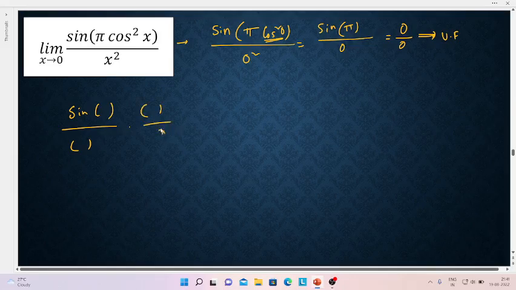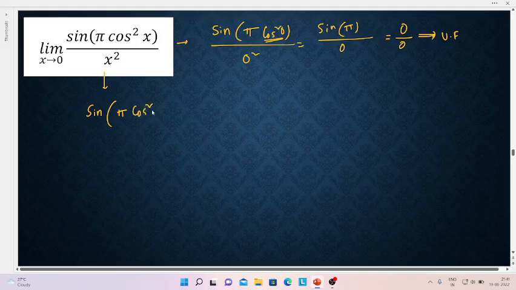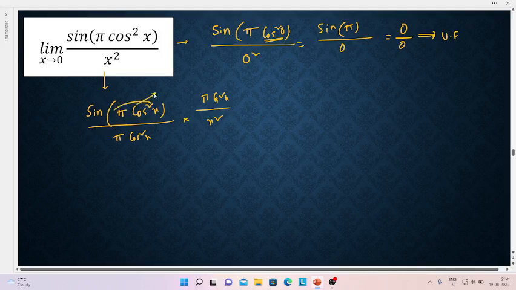Then the problem they will face in this particular question is, if they do that same thing, they will see sin(pi cos square x) upon pi cos square x into pi cos square x upon x square, right? That particular thing is not tending to 0.